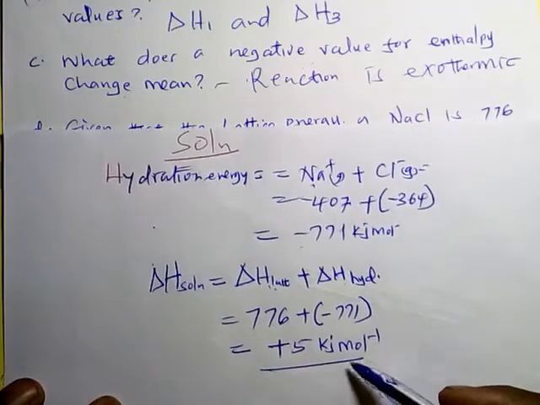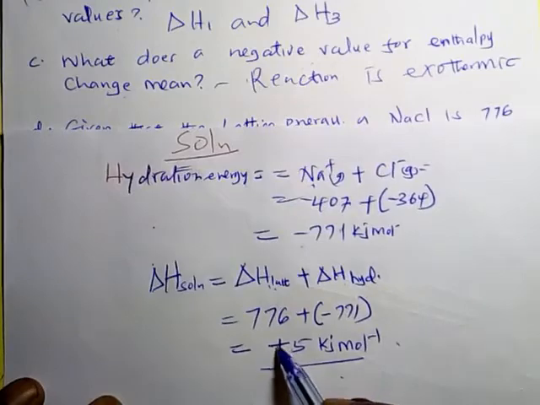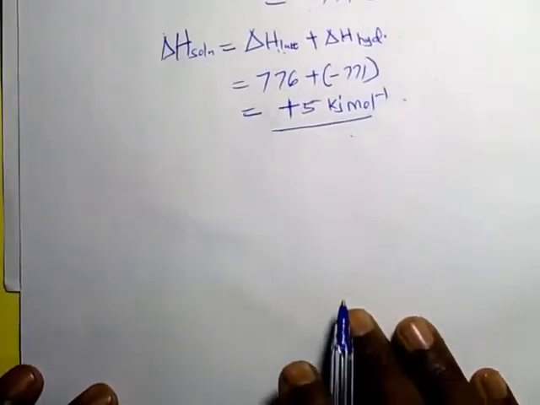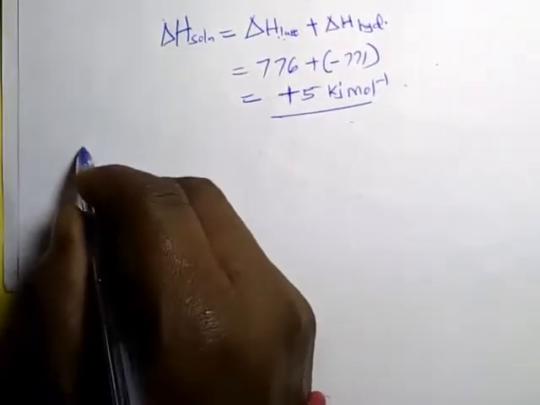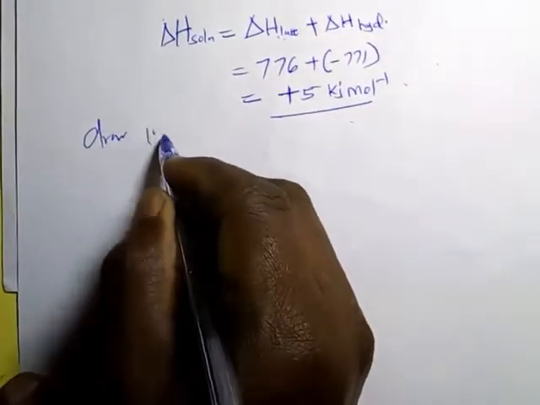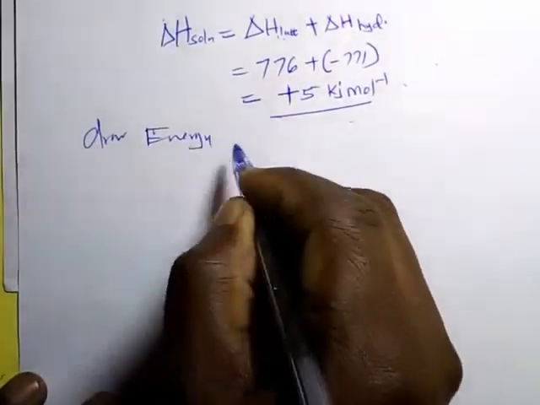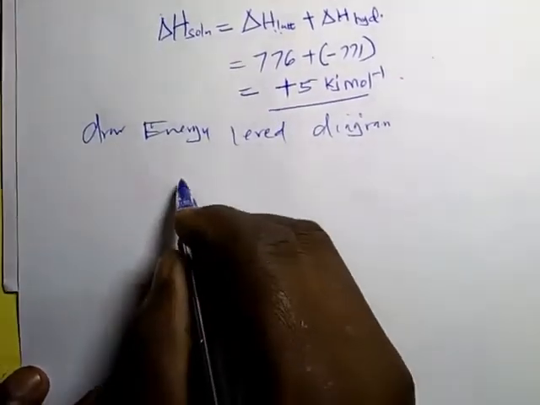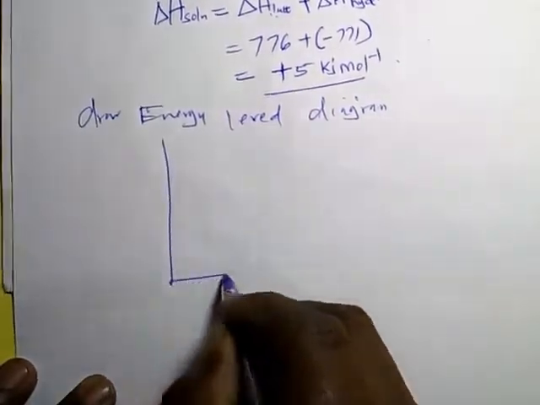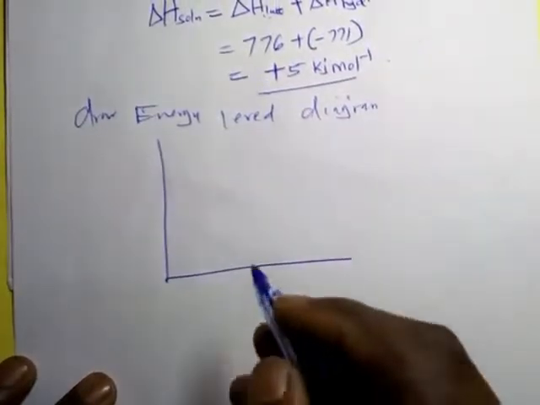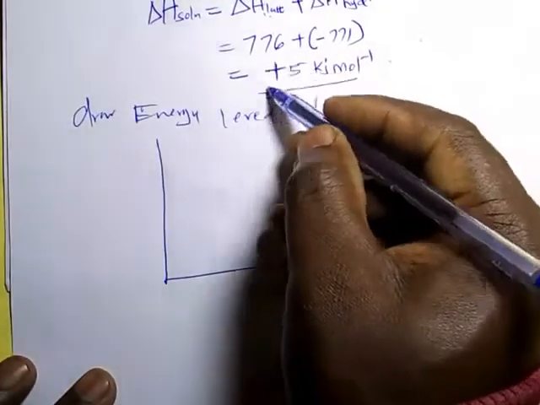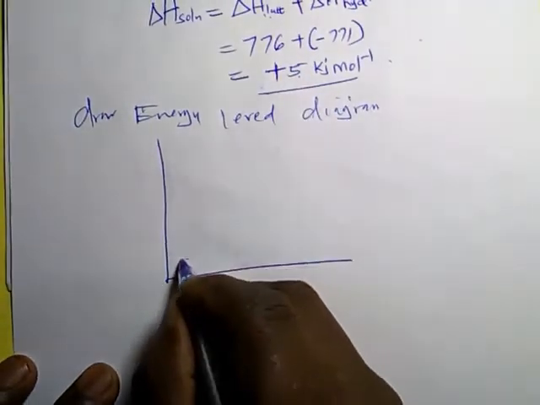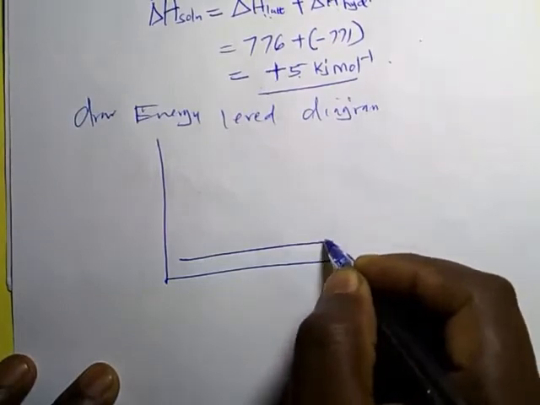If you are asked to draw the energy level diagram, let me sketch for you how you will draw that. Remember, it is sodium chloride, and the overall is endothermic. Therefore, we start our reaction down here to make sure that the products will be higher.